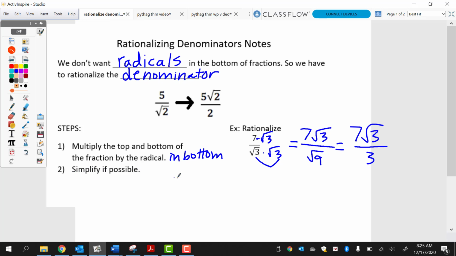So then when it says simplify if possible, you have to see, can your whole numbers simplify? So you're going to type it in Desmos to see if it turns into something else.